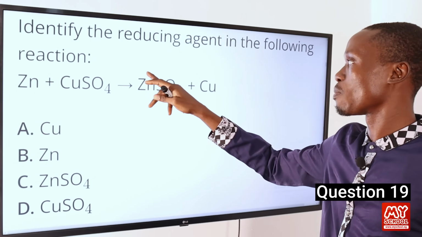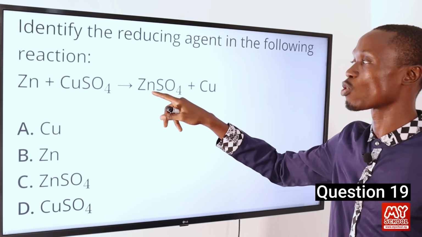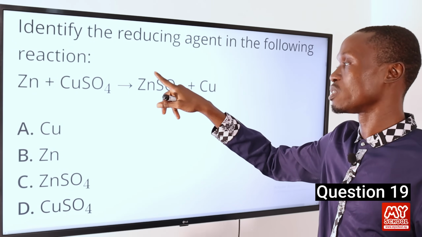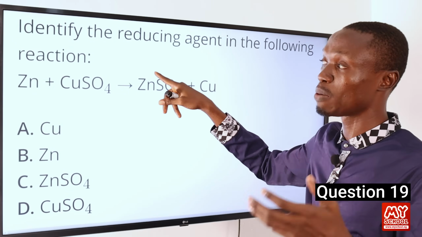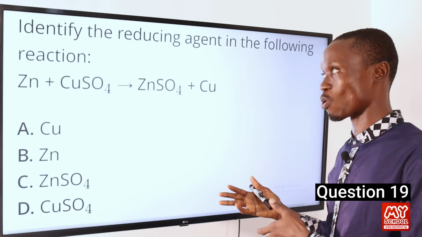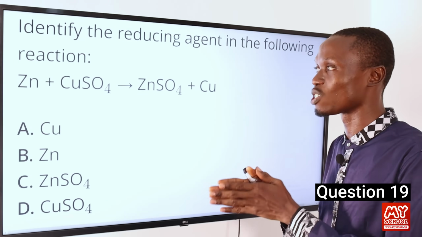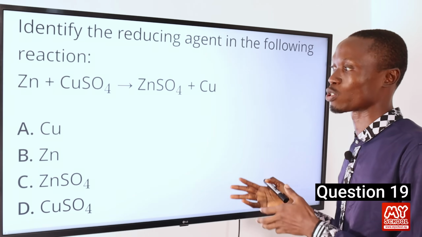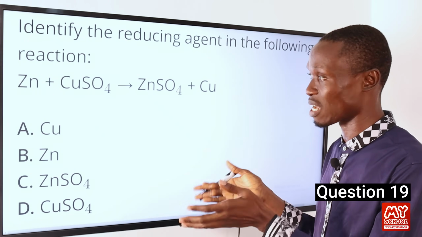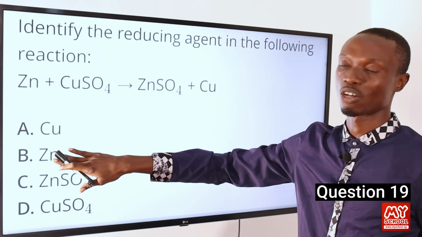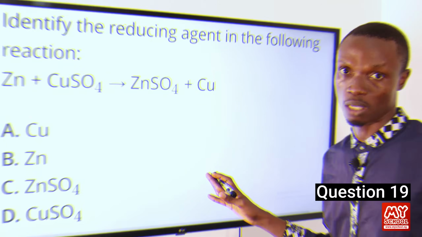But moving on to the product side, the oxidation number of zinc is +2. Oxidation in terms of oxidation number simply means an increase in oxidation number, and the reducing agents are the species that undergo oxidation. So without wasting our time further, the reducing agent in this reaction is zinc. So the correct option is option B.